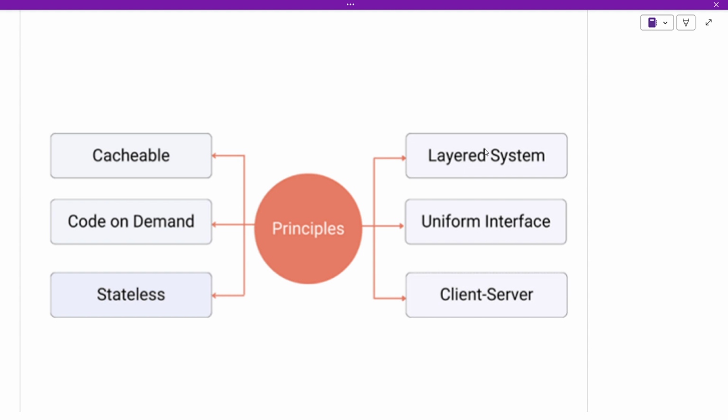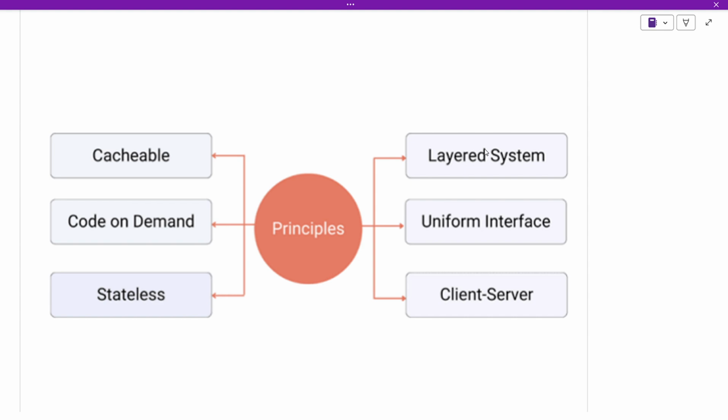Using this technique, we can request only some part of the response to be given at a time, and when requested, we fetch the other parts of the response. And then the other is stateless. As you know, HTTP is a stateless protocol.